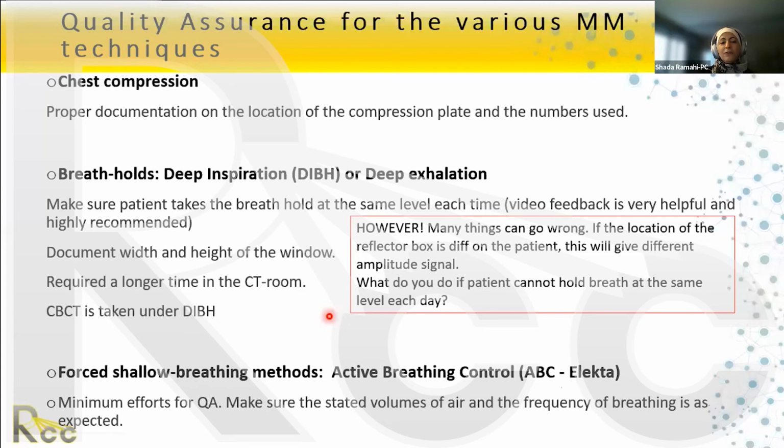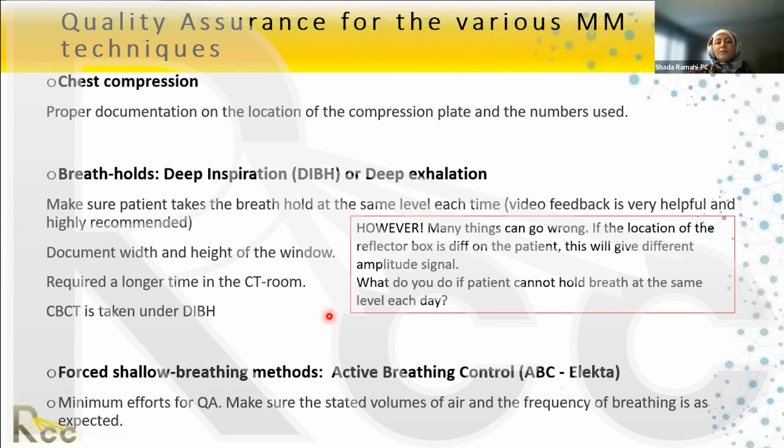And breath hold, going back to what Dr. Nuha asked me before. Breath hold depends on where you put the box. If we put the box, let's say on location A during CT SIM, and then I got this window during CT SIM, and then during treatment you put it in a slightly different location, you will be getting different signals.